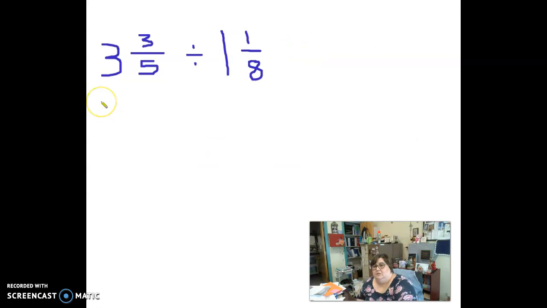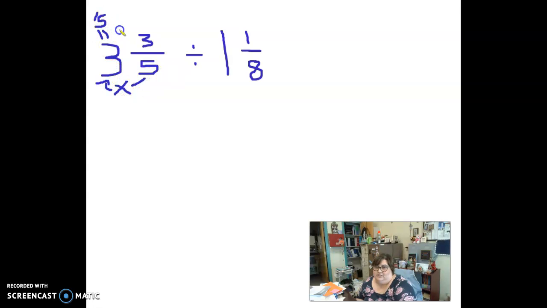First thing you want to do is change your mixed numbers into fractions. The way you do that is you multiply your denominator by your whole number. So 5 times 3 equals 15.